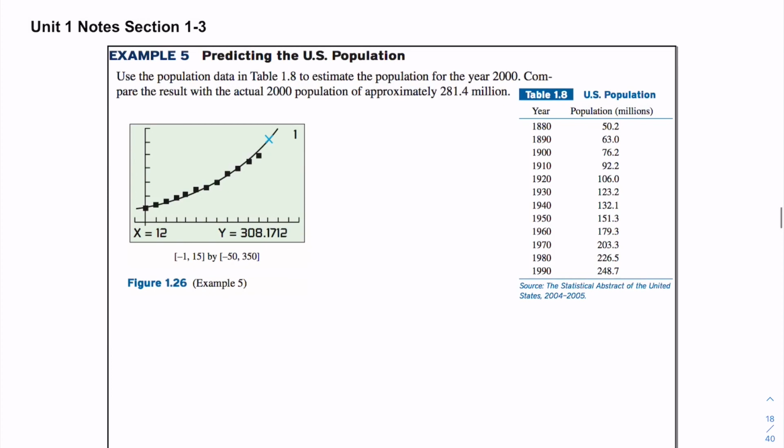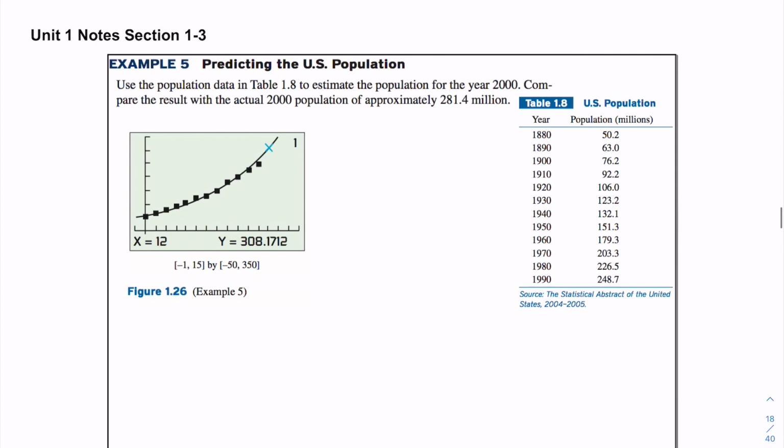This last one, nope, I still got more. Here we go. Use the population here to estimate the year 2000. This one will be definitely a little bit better of a prediction.